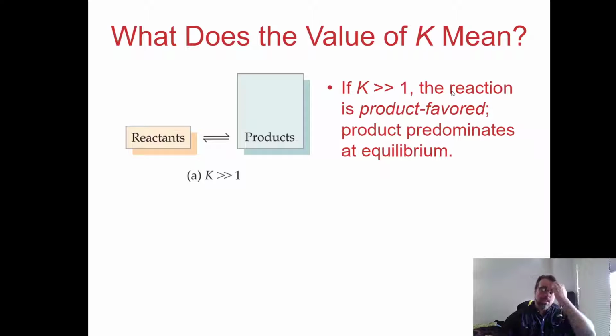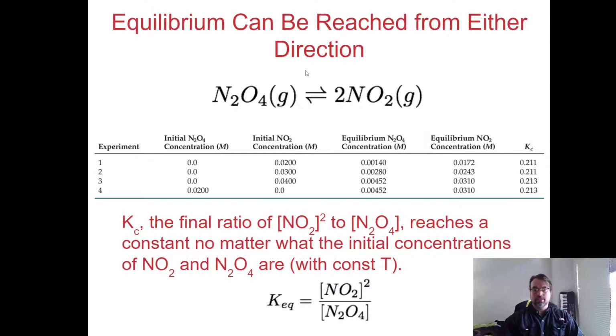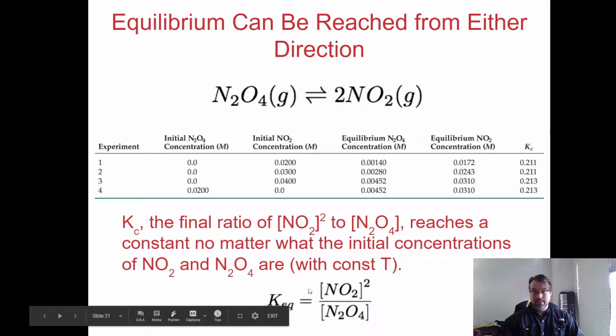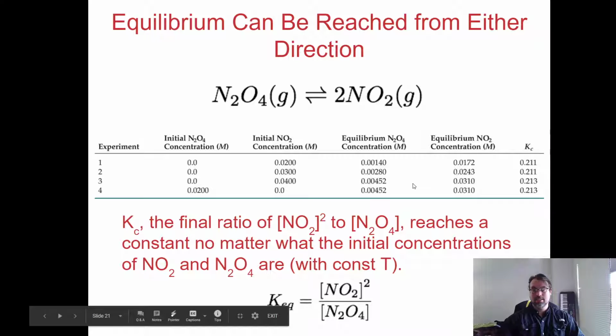So the next thing is going to be talking about K values. Okay. And before we start here, K values are essentially concerned with this type of expression. And if you notice mathematically, if K ends up being really, really big, then it's going to favor the products.